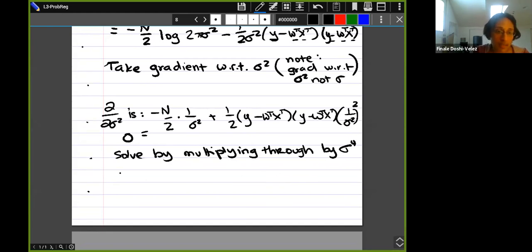And this will give us the expression 0 equals -n sigma squared. Oh, and let's not worry about that, and multiply by 2 times this, so we can get rid of these halves, right? We don't care about the halves because we're setting it to 0. We will get something that you will recognize in just a moment. Something familiar. There was a transpose up here.